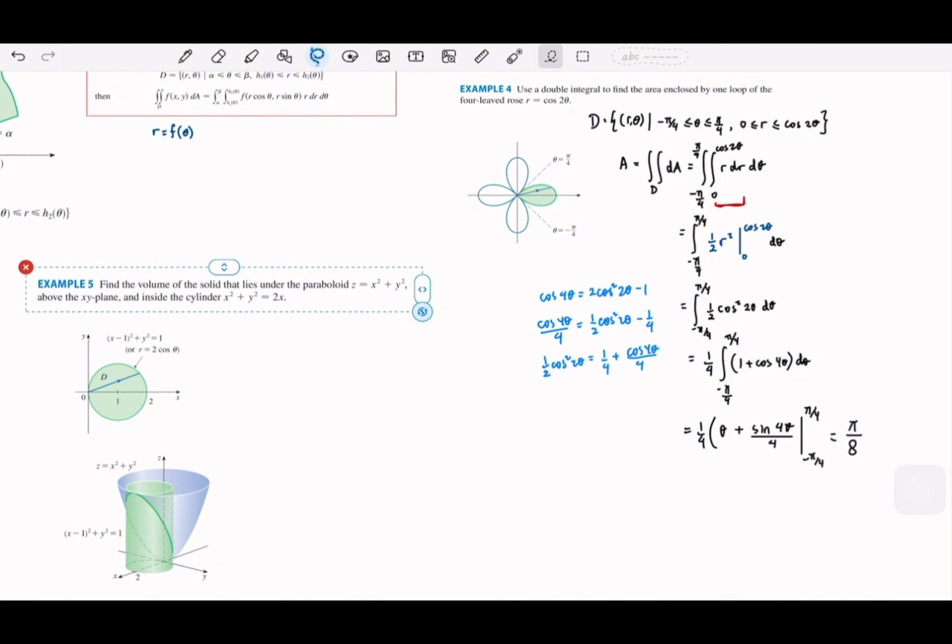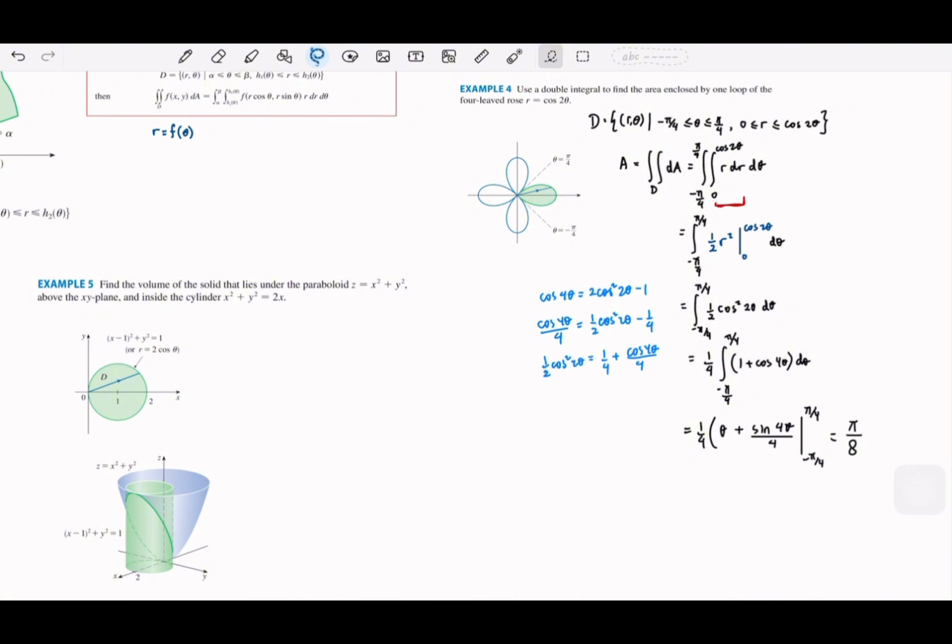Okay, if you could see the next question. So next question, find the volume. We have two different surfaces. The first one is a paraboloid, z equals x squared plus y squared.